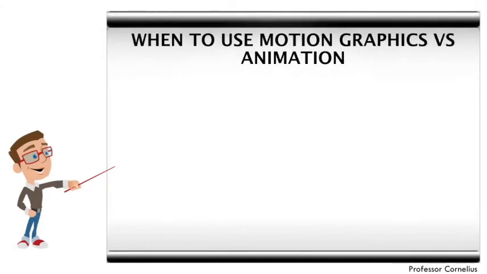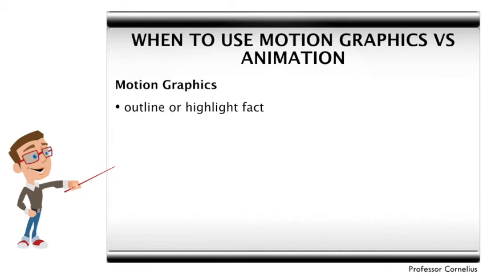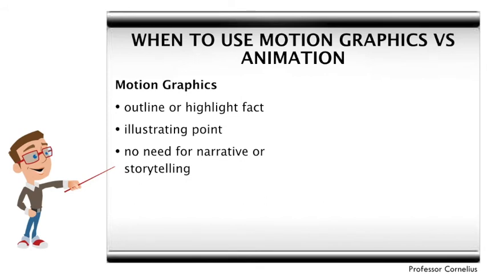When to use motion graphics versus animation. When to use motion graphics. Motion graphics are best for outlining or emphasizing facts and illustrating a point you are trying to make. Motion graphics are useful when there is no need for narrative or storytelling.